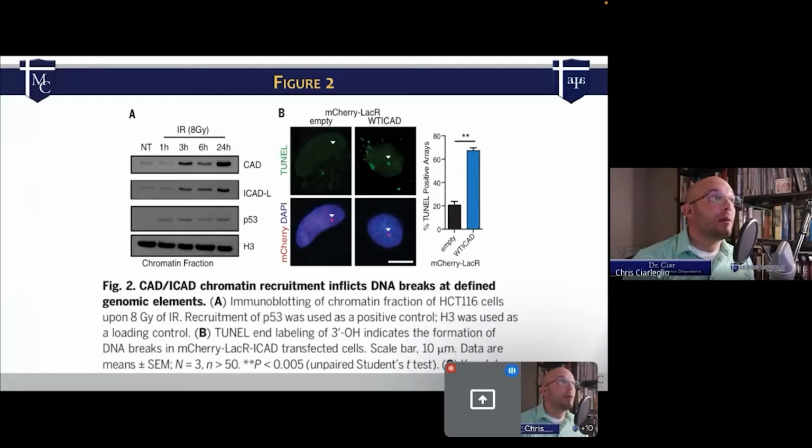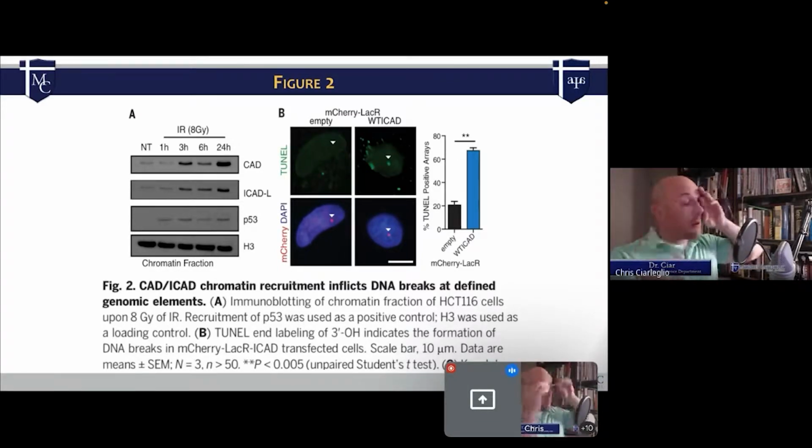Another thing that I found kind of interesting is I was wondering why CAD showed the most amount of protein accumulation at the 24-hour mark, because in the other, like P53 and ICAD, it's less. I know ICAD is the inhibitor of CAD, but I don't know if they work together.